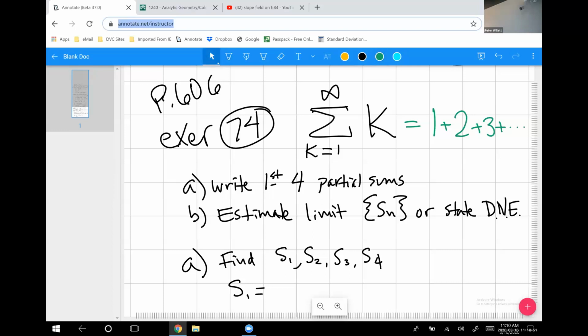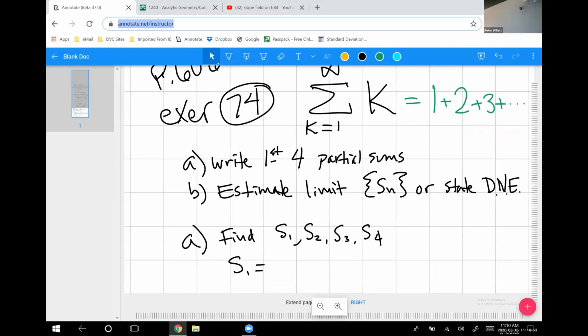So the first 4 partial sums here then: S sub 1 would be the first one of those, just adding the first term, which is a 1. S sub 2 would be the sum of the first 2 of those.